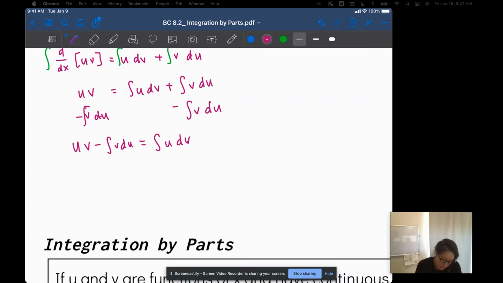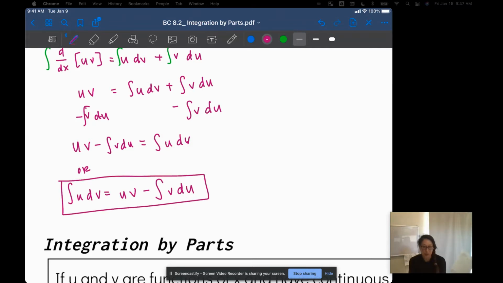I'm just going to rearrange this, so the integral of u dv is equal to u times v minus the integral of v times du. This right here is the formula for integration by parts.